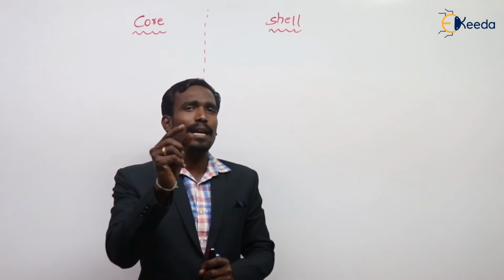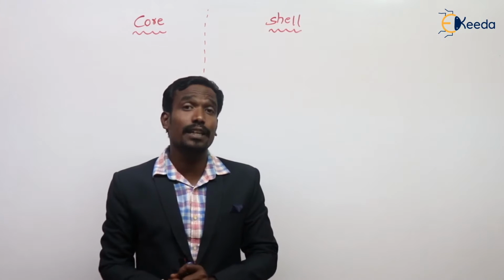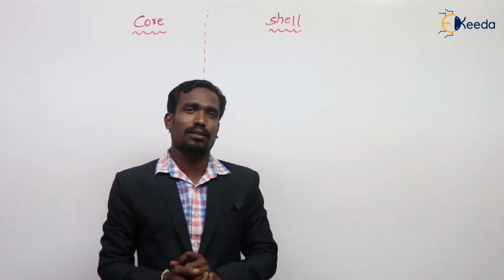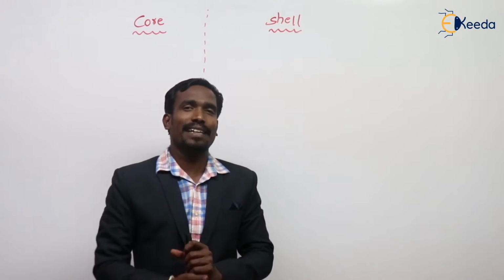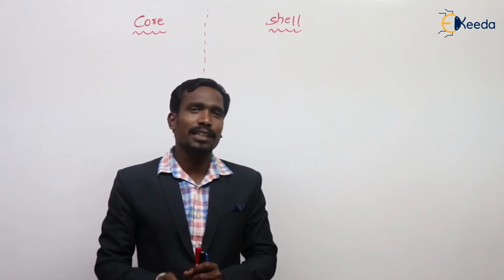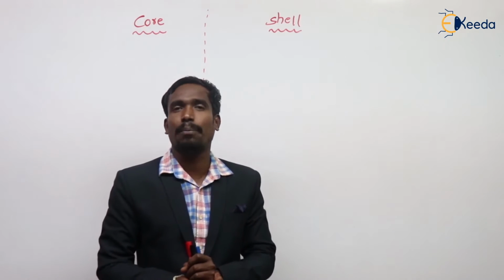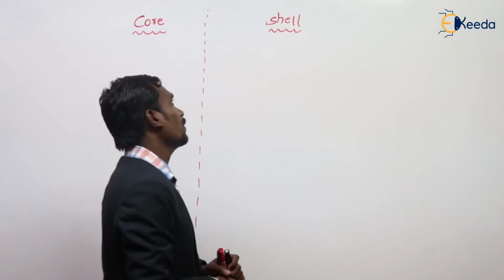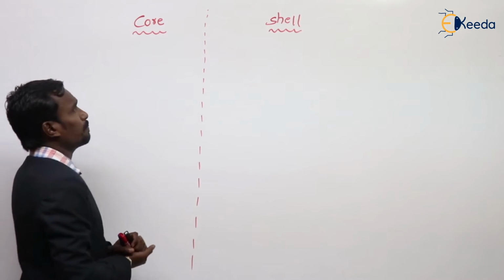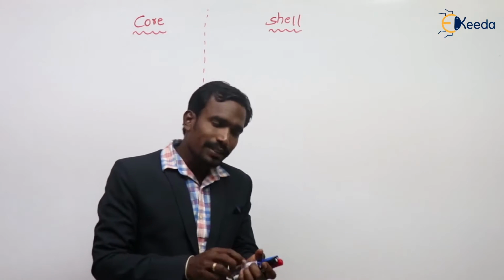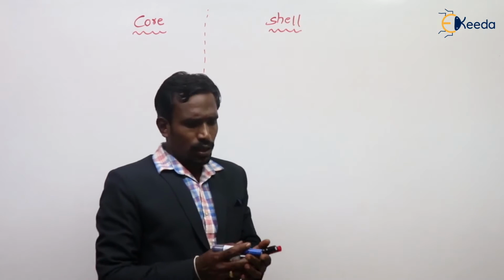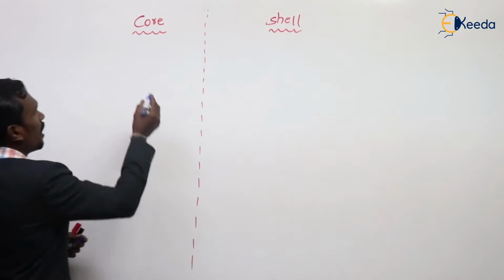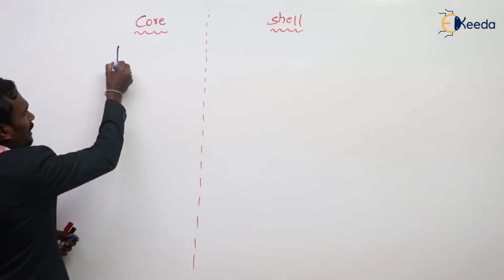Generally, berry type of core is used in instrumentation transformers like CTs and PTs. But generally, there is no syllabus for berry type of transformer. So now we have to discuss core type and shell type. So let's see how the core type and shell type differ.